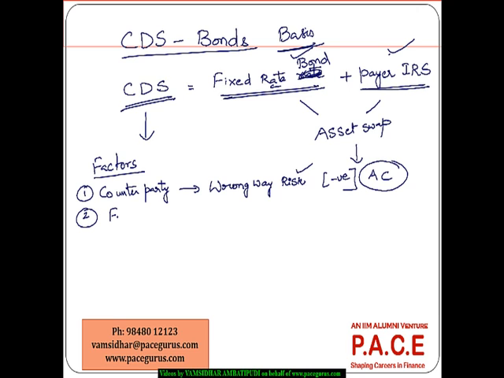Similarly, now let's look at another aspect, which is funding. The CDS assumes that LIBOR funding is possible. But if funding happens above LIBOR, which means the spread becomes much higher for CDS, so obviously the basis will be positive.